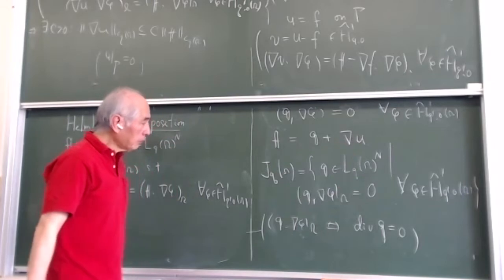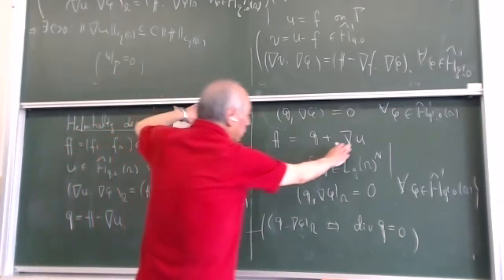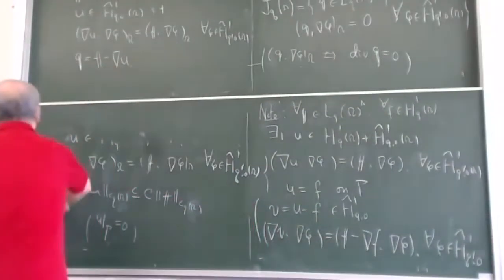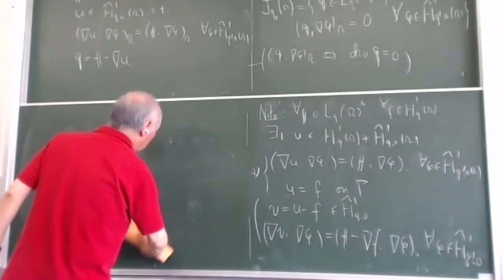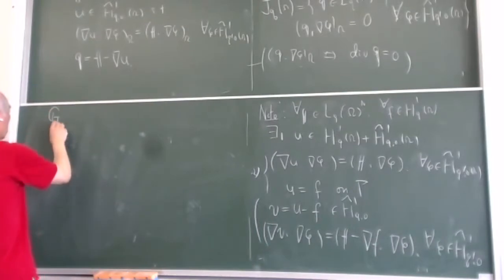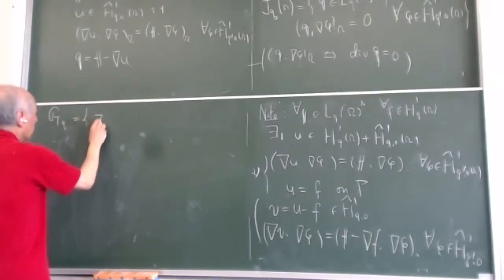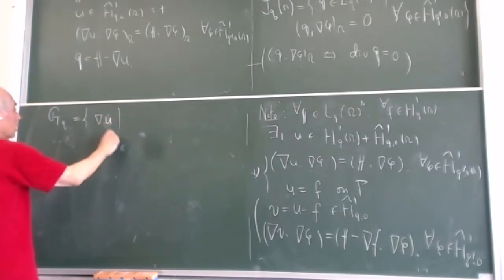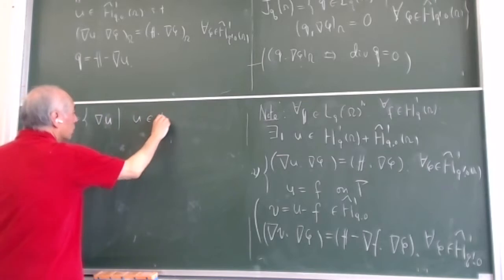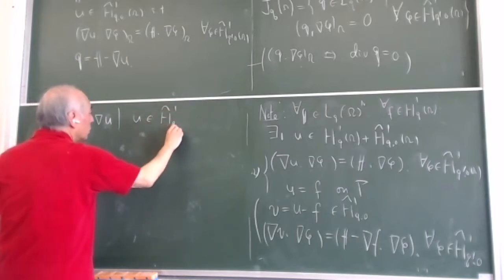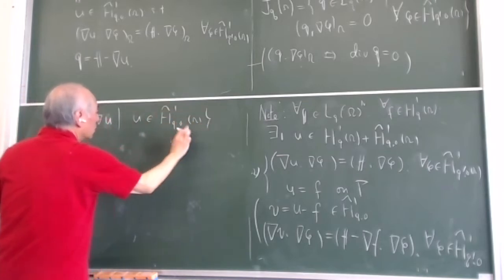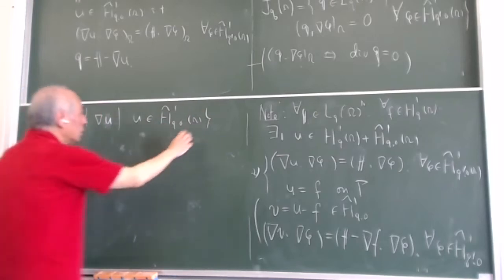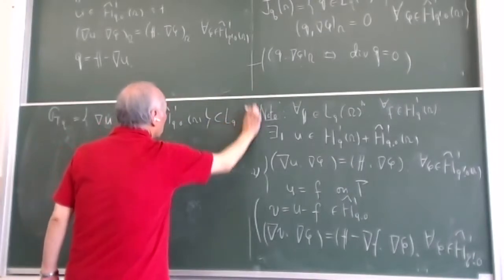Then here is the gradient space. The gradient space G_q is where U belongs to H^1_q. So it's a subspace of L^q.